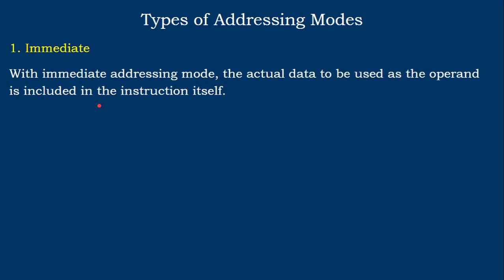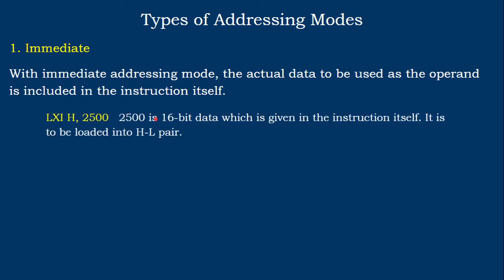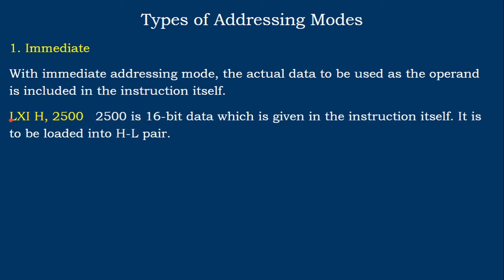As the name implies, in the immediate addressing mode, the actual data to be used as the operand is included in the instruction itself. That means the instruction contains the data itself. For example, LXI H, 2500: this 2500 is the 16-bit data which has to be loaded into the HL pair.